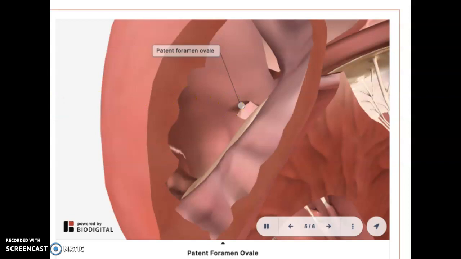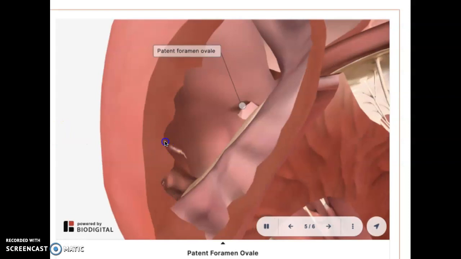PFO is present in approximately 25% of the population, but many do not know they have the condition. In rare instances, though, PFO may cause some severe complications, including stroke, migraine headaches, and heart attacks.